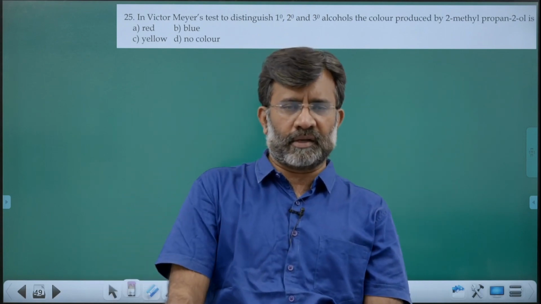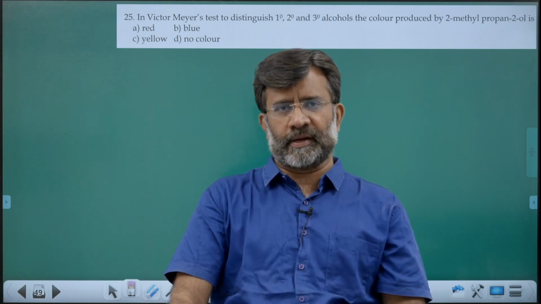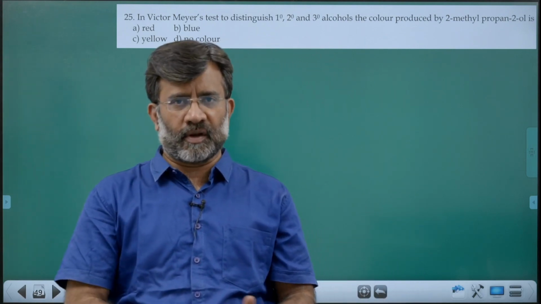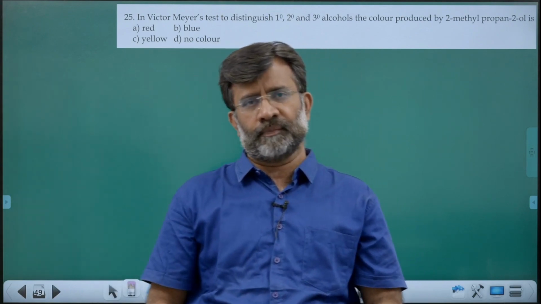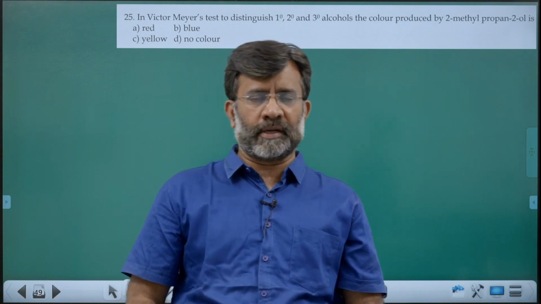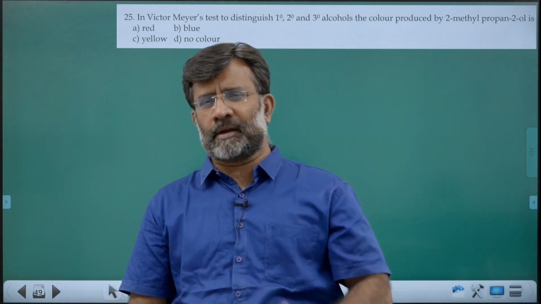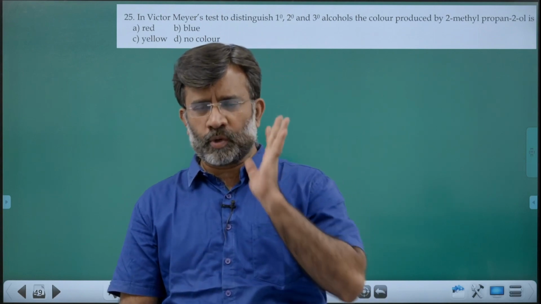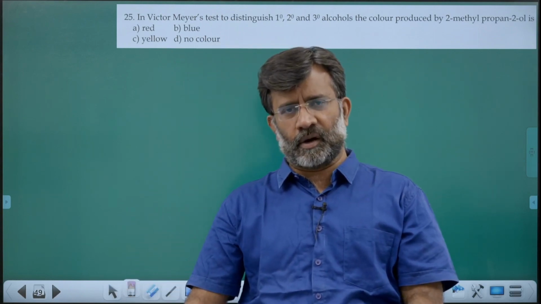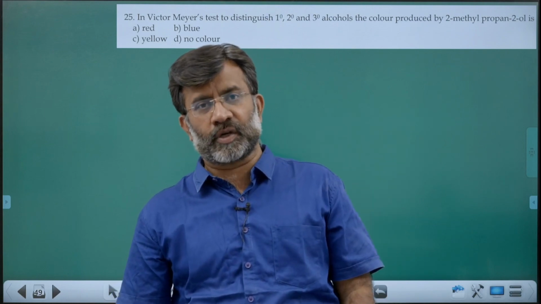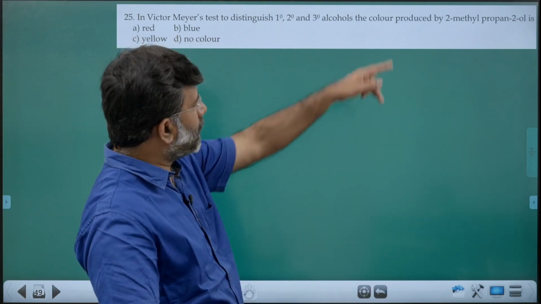Primary alcohol is treated with red phosphorus and iodine, converted to iodo compound, then treated with silver nitrate giving nitro compound, and then treated with nitrous acid and checking the solubility. If you get a blood red coloration, primary alcohol. If you get a blue coloration, secondary alcohol. If you get a colorless condition, that is tertiary alcohol.